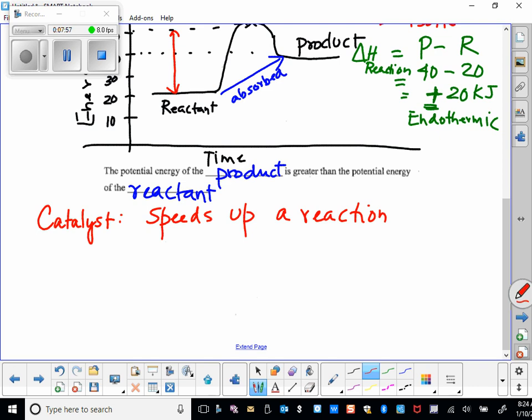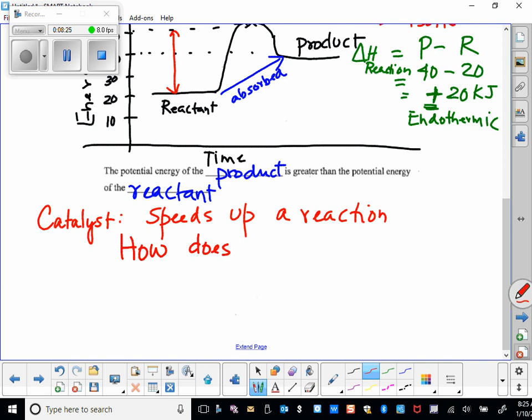That energy is coming within our body, at our body temperature, without the food burning and without us realizing that all this energy is being created because of the presence of catalysts in our body. Even though the temperature is low, the reaction is still proceeding quickly. Does that make sense? How do they speed up a reaction?